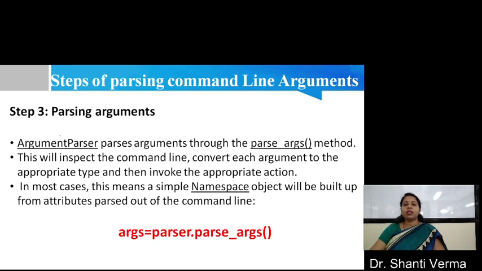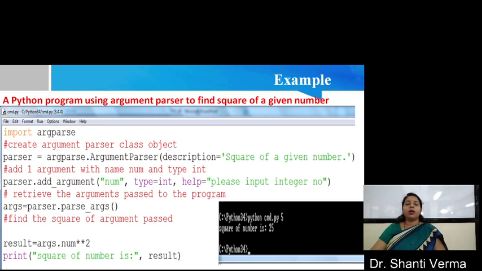In most cases, this means a simple namespace object will be built up from attributes parsed out of the command line. The syntax for the same is args equals parser.parse_args. That is a method.